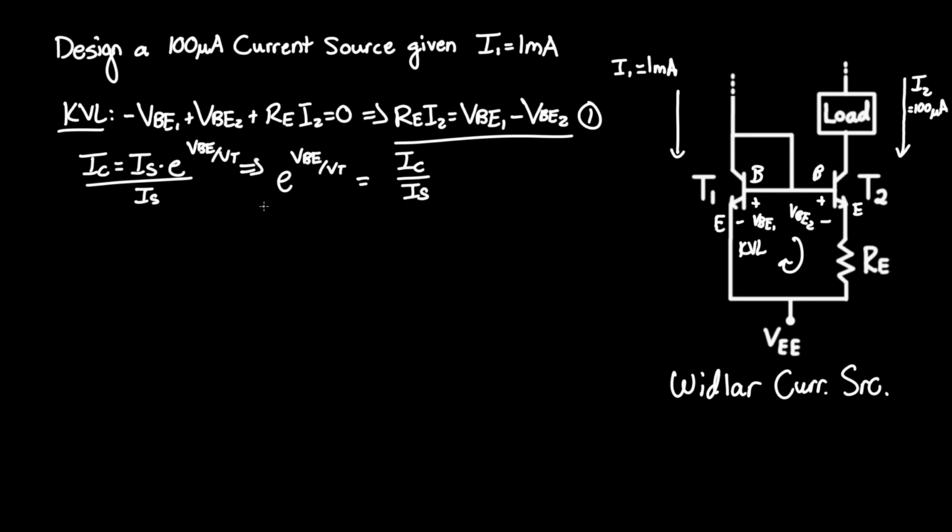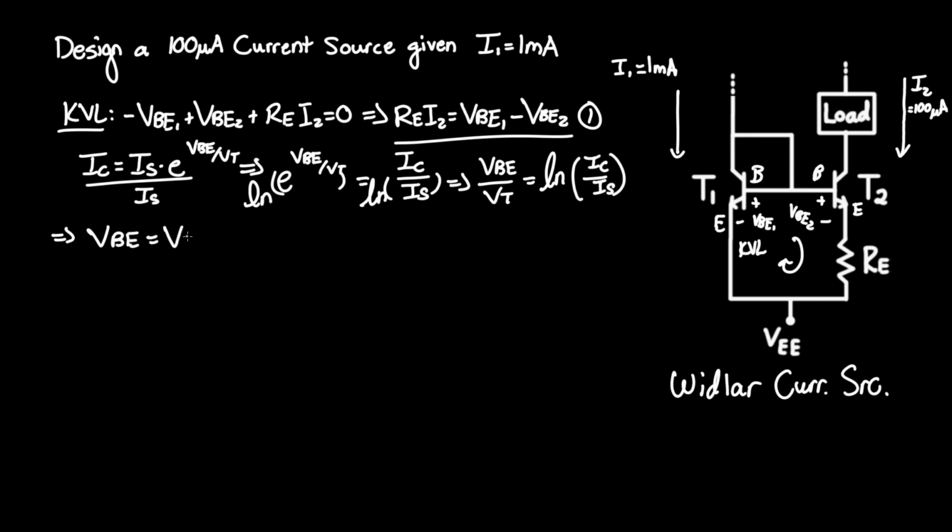And to get rid of the e term, take the natural log of it, which you have to do on both sides of the equation, which will give you a resulting form of VBE over VT equals ln IC over IS. Simply multiplying both sides by VT, you get our second equation, VBE equals VT, or thermal voltage, times ln IC over IS.